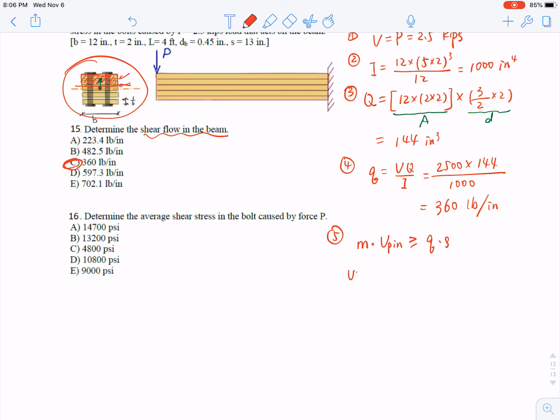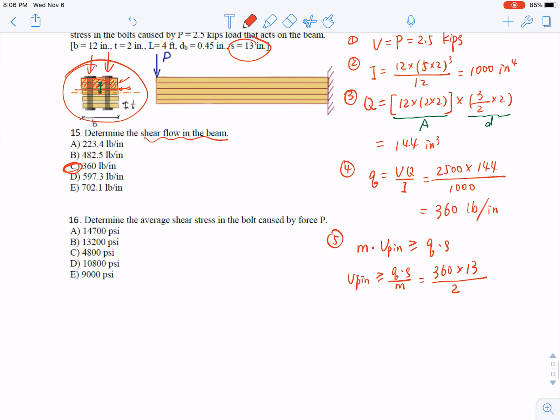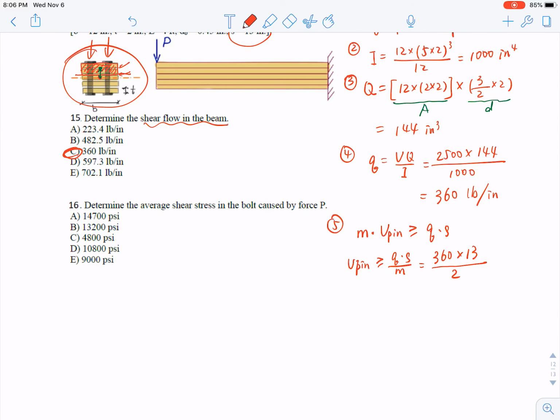So here the V pin should be larger than QS over M. This is 360 by 13, I mean here, the S is here, over M. In this case, our M is 2, since you have 2 bolts. So the result here is 2,340 pounds.